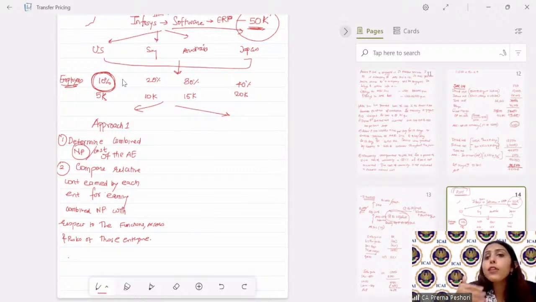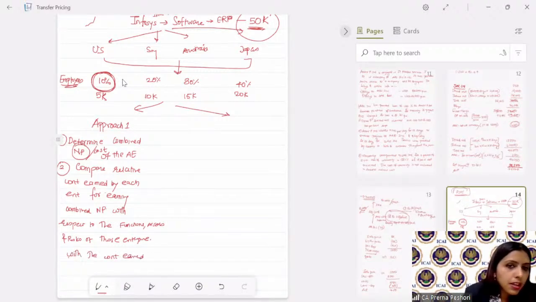So we will see what functions each entity is performing, what assets each entity has, what risk each entity is undertaking. Based on that, we will allocate the percentage and compare it with the contribution earned by an unrelated enterprise in similar circumstances.